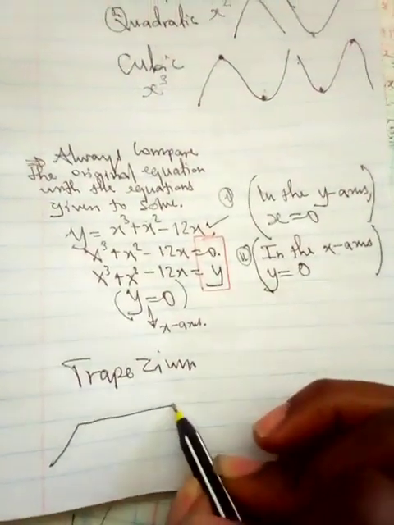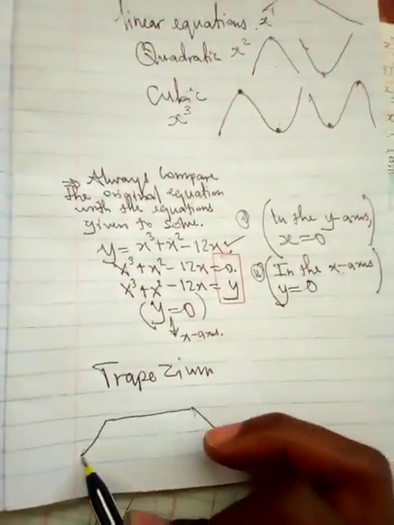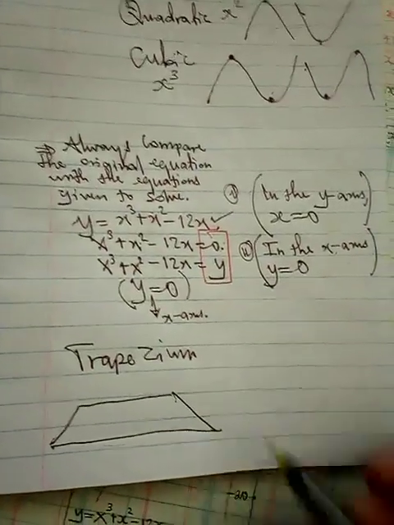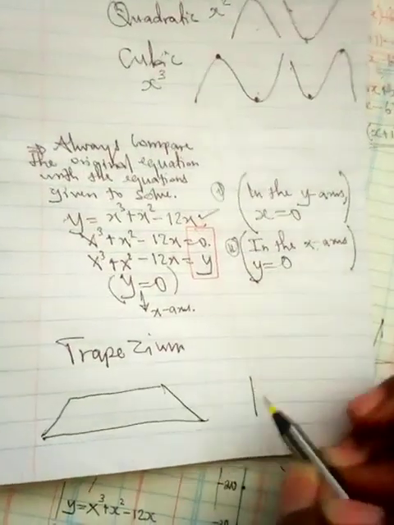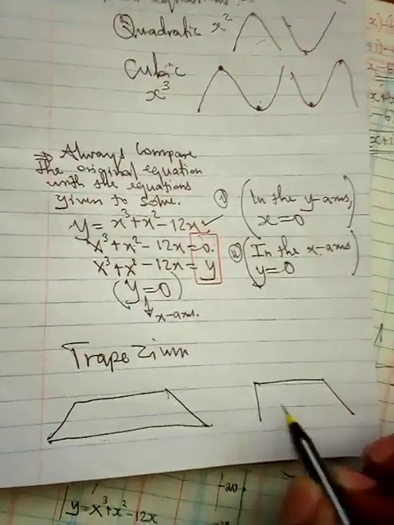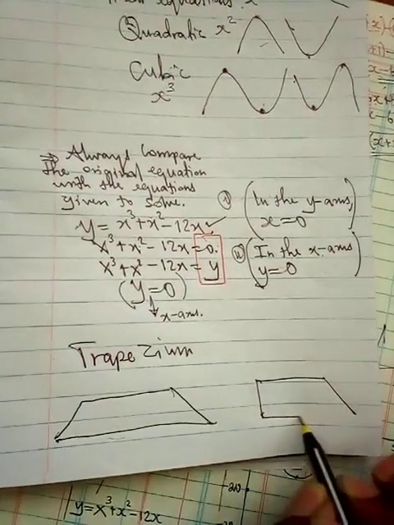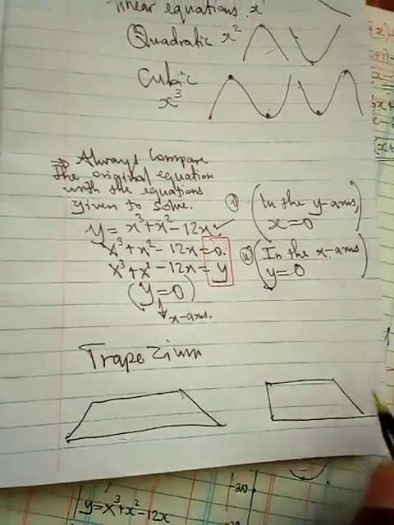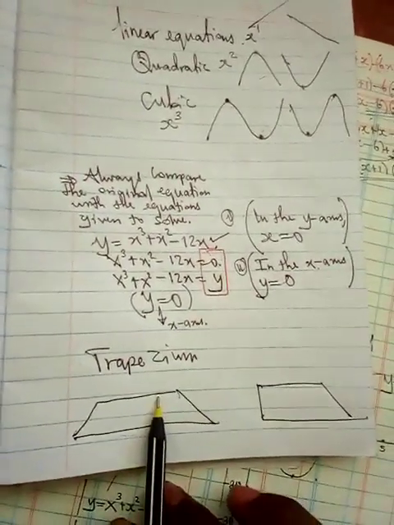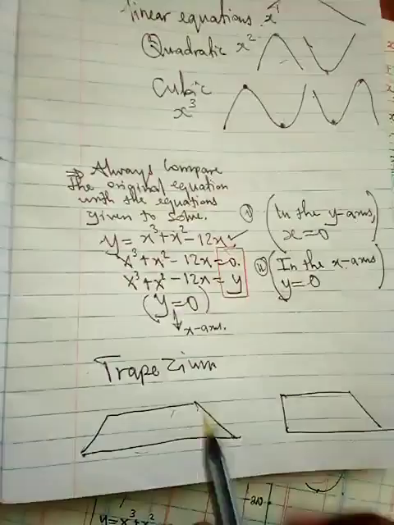That's a poor drawing, but just have an idea. It can either be brought in this way, or it can even be in this way. Any of the two is a trapezium.